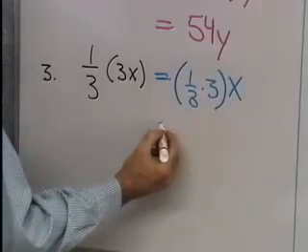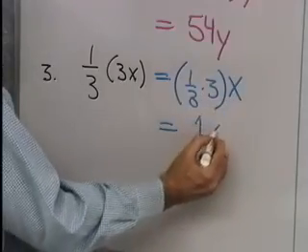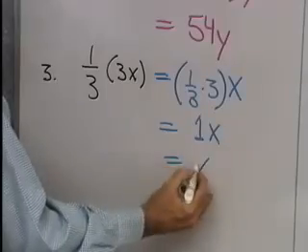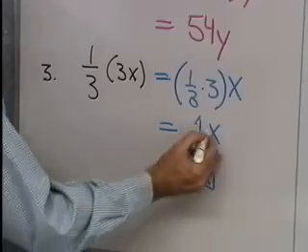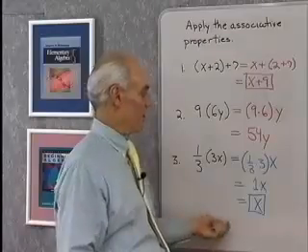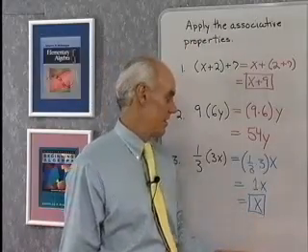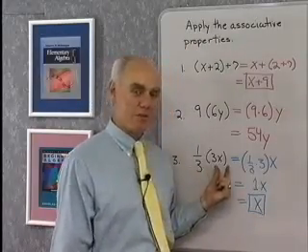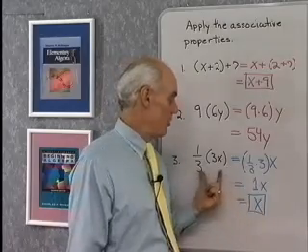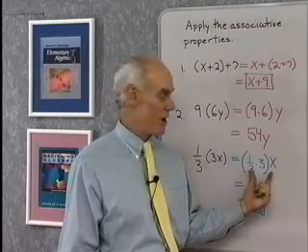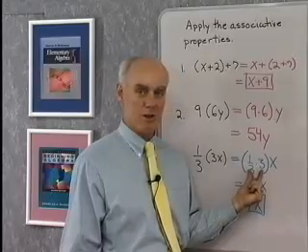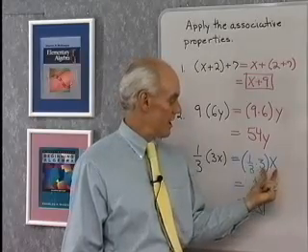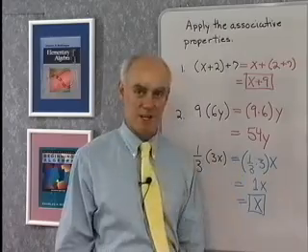Now, 1/3 times 3 is 1 times x is simply x. So that's another property of numbers that says that 1 times any number is the number itself. So how do I know that 1/3 of 3x is just x? I know because I can apply the associative property this way and group the 1/3 and the 3 together with the x outside. 1/3 times 3 is 1, 1 times x is x.